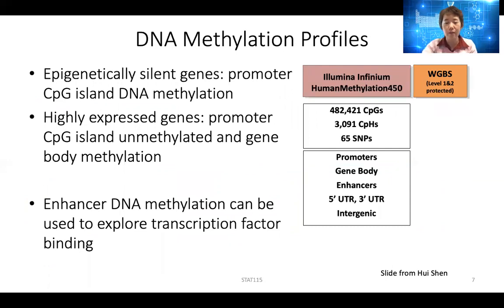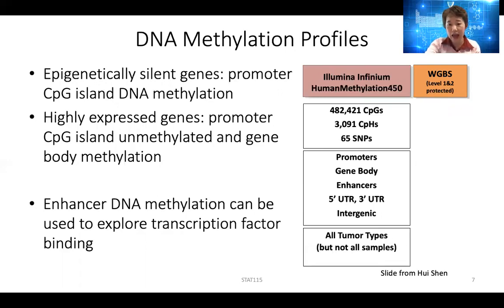You can see this 450 array has this many CpG sites, and it covers, I think, all the gene promoters, especially if it's a CpG-rich CpG island promoter. And compared to the very early arrays, the newer ones also cover some on the gene body, on the enhancers, some in intergenic regions.